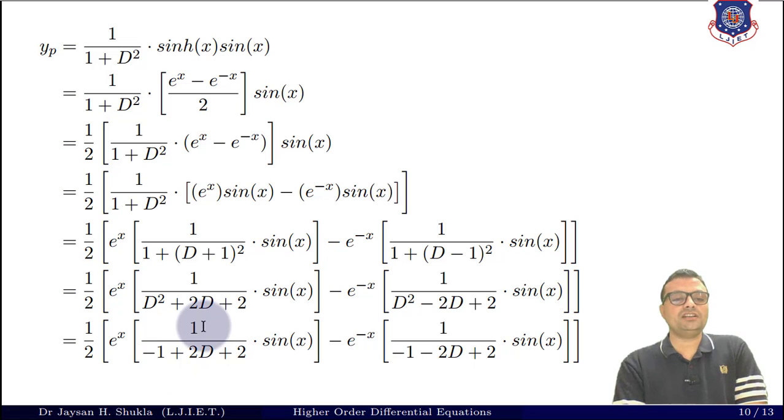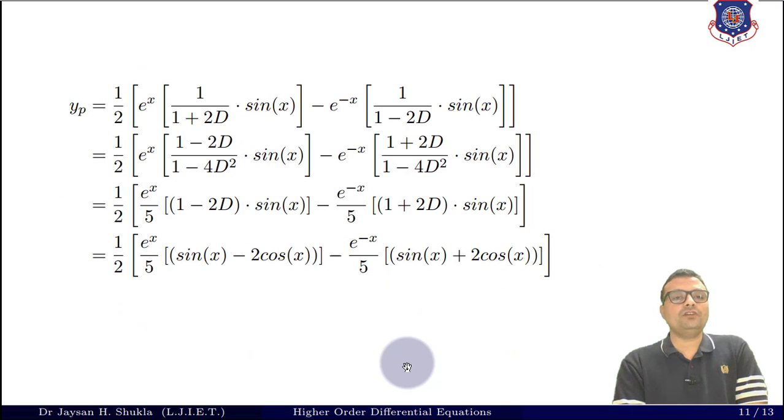So over here it is 1 over 1 minus 1 plus 2d plus 2. Again over here, with the same change, d square as minus 1, it will give you 1 over minus 1 minus 2d plus 2.